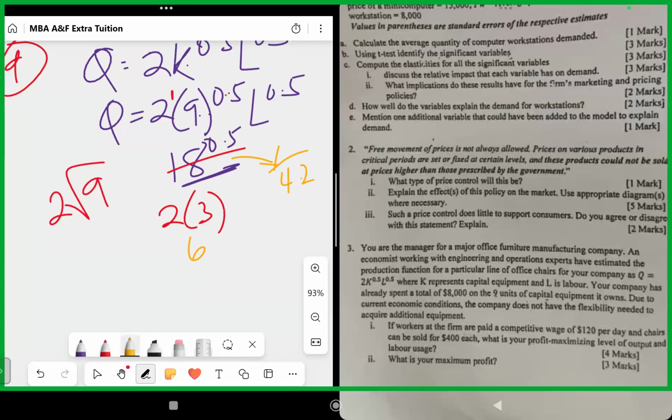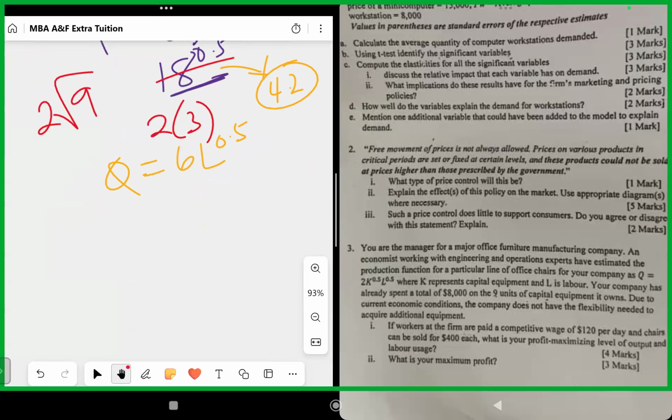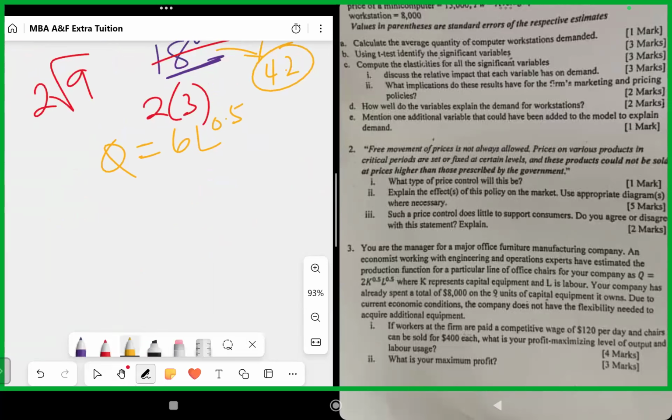Yeah, so it's wrong because the 2 has its unique exponent, which is 1, and the 9 has an exponent of 0.5. So you first change it, then you get 6. Then you bring in your L exponent 0.5. This is what you're going to have.